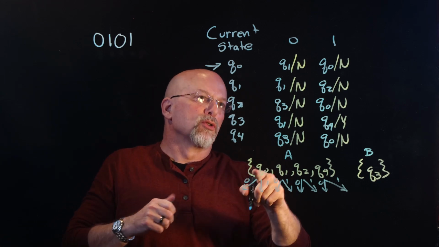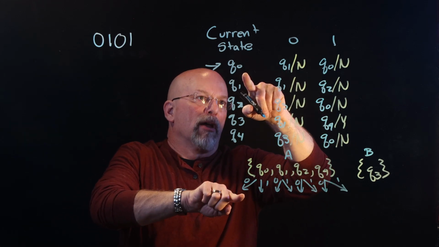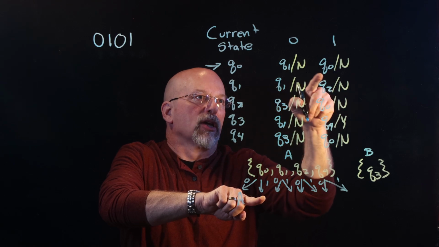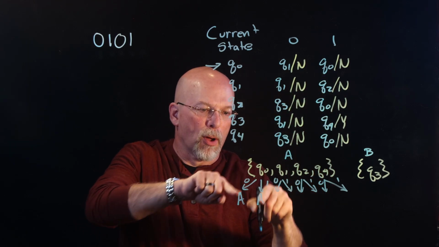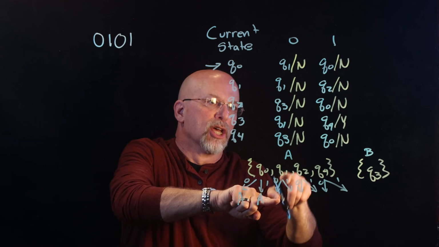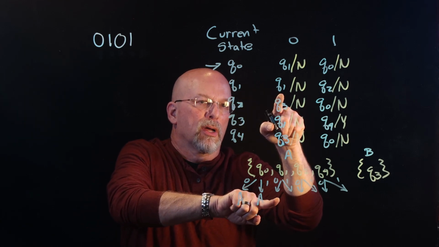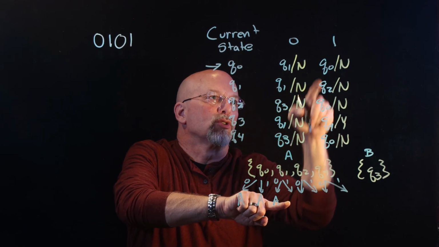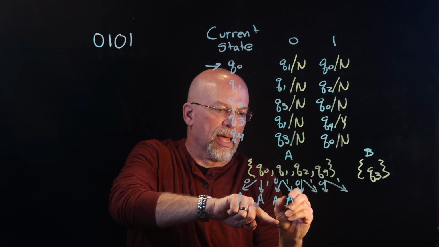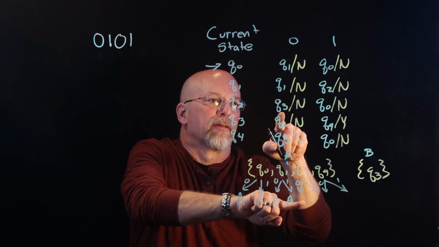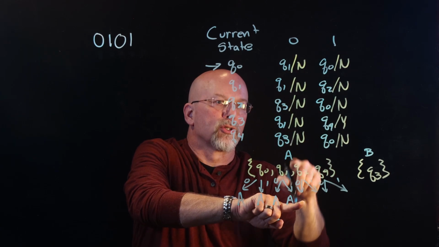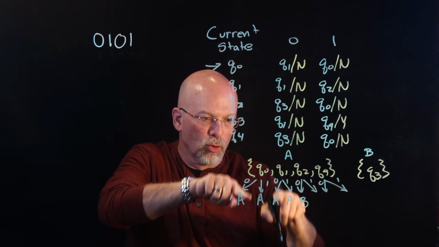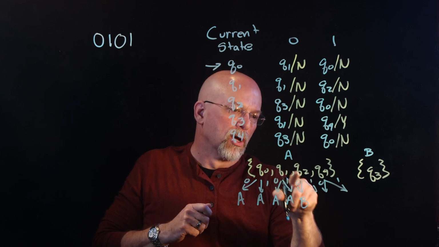So for Q0, if it's a 0, I go to Q1, which is in set A. And if it's a 1, I go to Q0, which is also in set A. So both 0 and 1, it stays in set A. Q1, if I get a 0, I go to Q1, which is in A. If I get a 1, I go to Q2, which is also in set A. For Q2, if I get a 0, it goes to Q3, which is in set B. So I automatically know that Q2 is not going to be in the same group or the same set as Q1 and Q0.